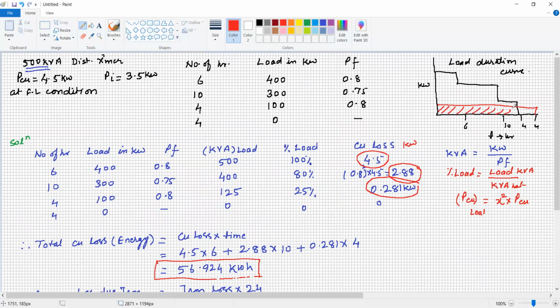By this way, the all-day efficiency is determined for the distribution transformer. Whenever you are going to purchase a distribution transformer, ask at what flux density the transformer is designed, because higher flux density decreases the iron material and hence the cost.